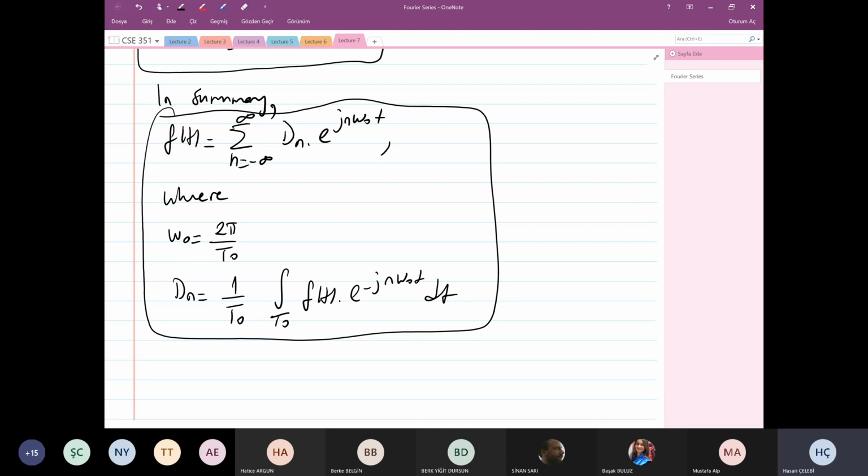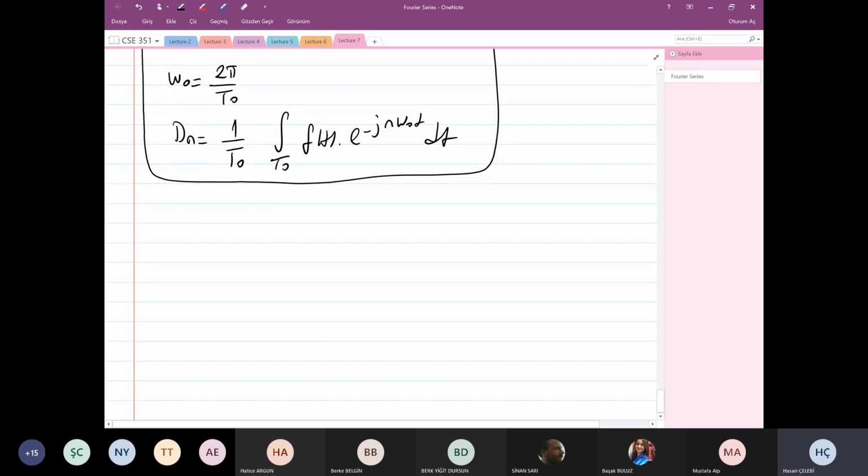Let's have an example for this exponential series as well. Example.